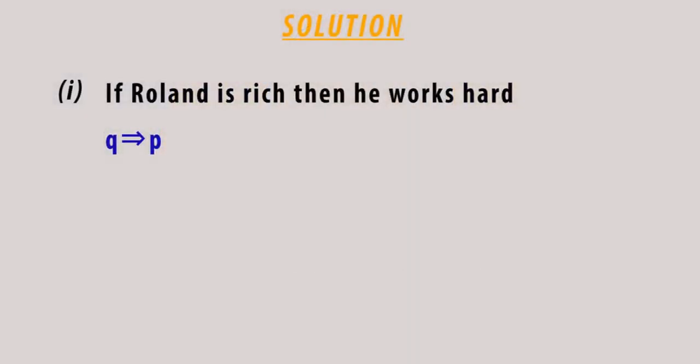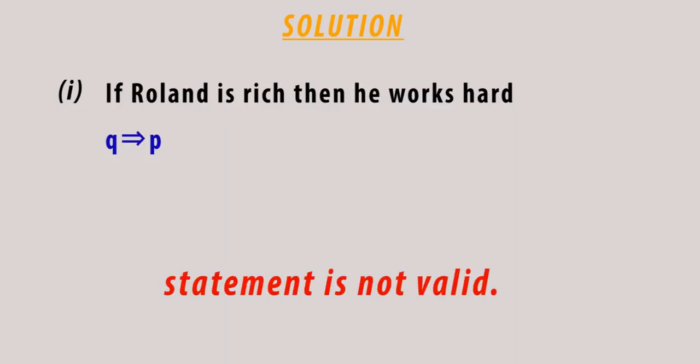So let's look at I. If Roland is rich, then he works hard. This means Q implies P. Remember, we said P implies Q. So if we are using Q implies P, we are talking about the converse. Therefore, this statement is not valid.